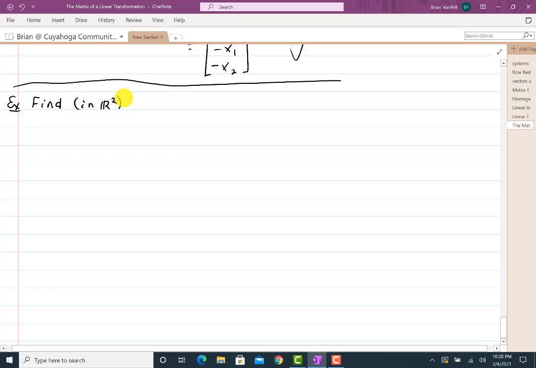So anyways, I want to find in R2 the standard matrix for the combination, and what we'll do is first we will reflect about the y-axis.